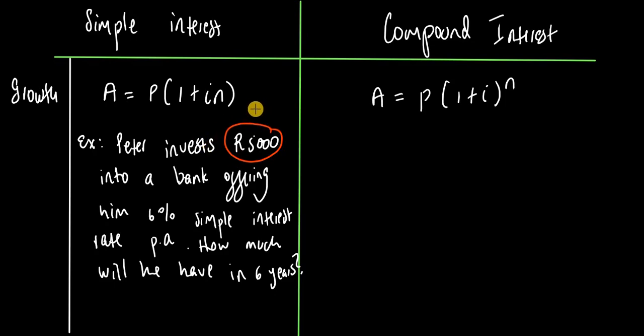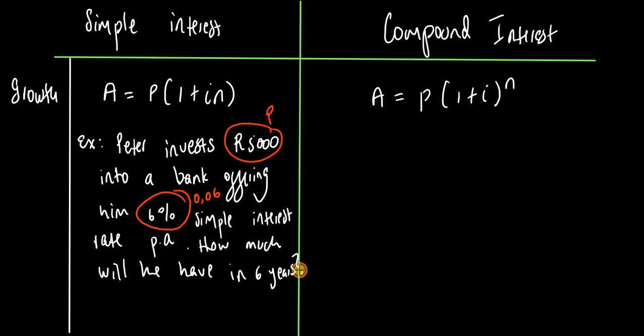So this is the value of P that is given. And then we know that the interest given is 6%, a simple interest, but we need to get in the habit of converting every interest rate we are given to decimal format. So you say 6 divided by 100, which gives you 0.06, okay?